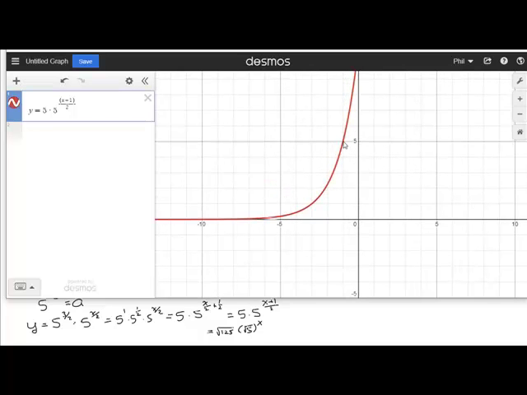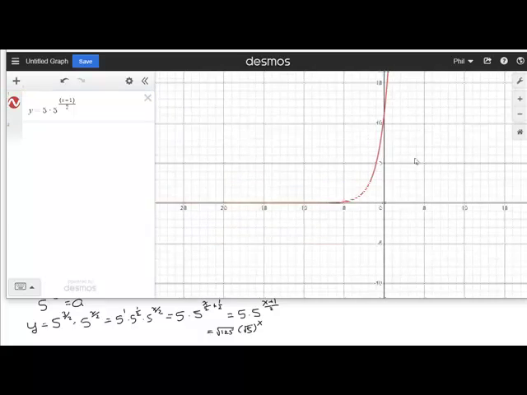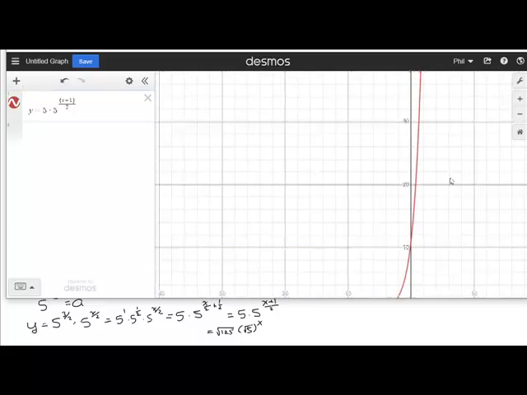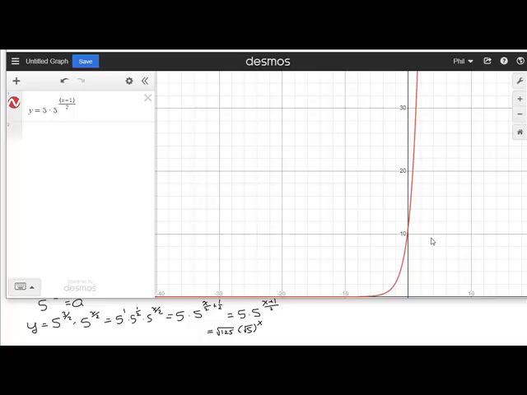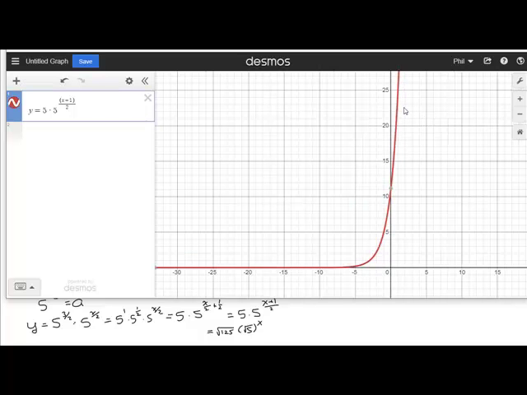So let's look at our points here. There's -1, 5, so that checks. And our other point's going to be up here. We wanted to go through 1, 25. So there's 25. And there's our 125. We're not quite hitting, there it is. See it? 125. So we verified graphically our answer.